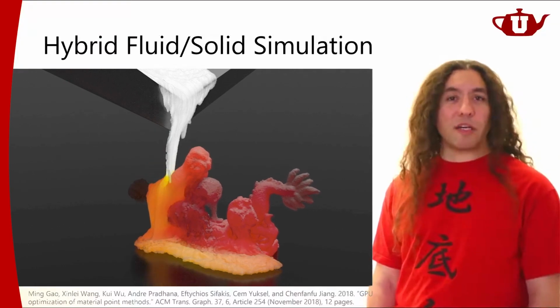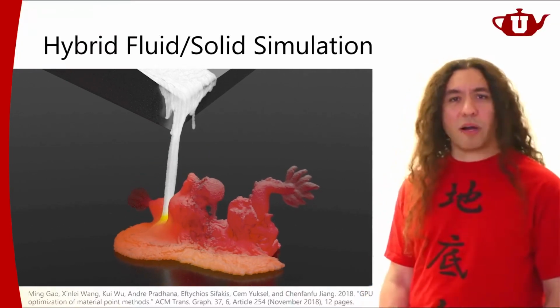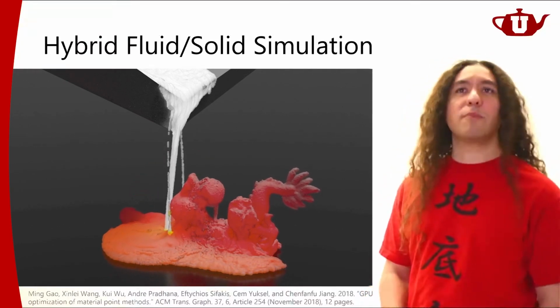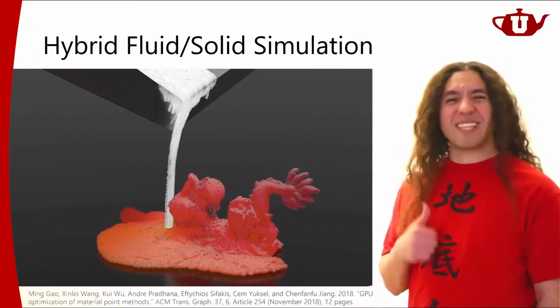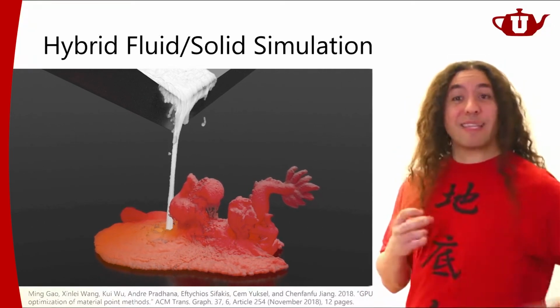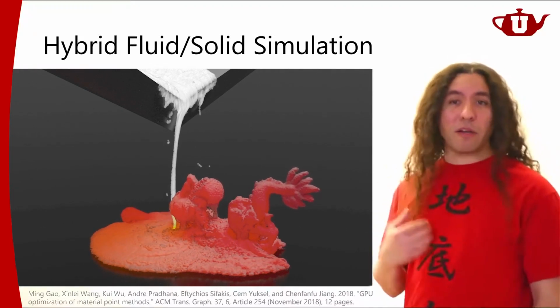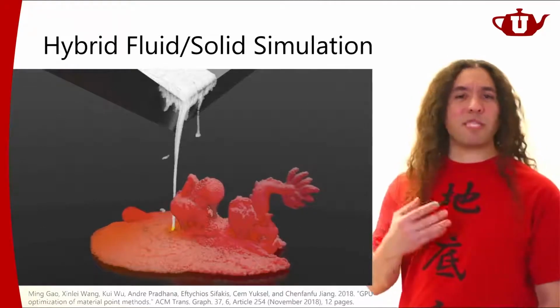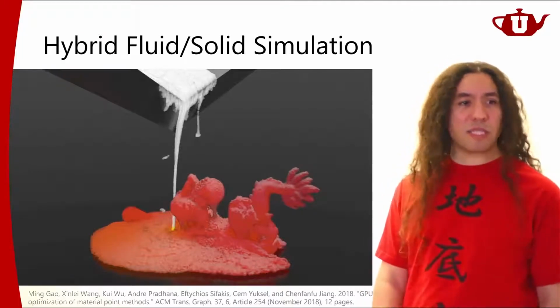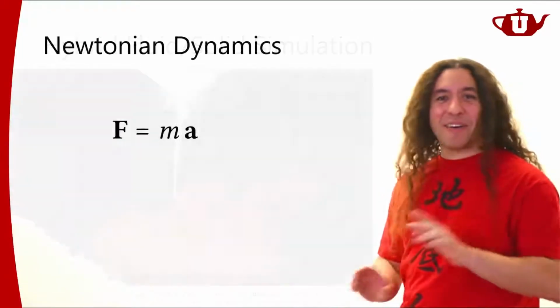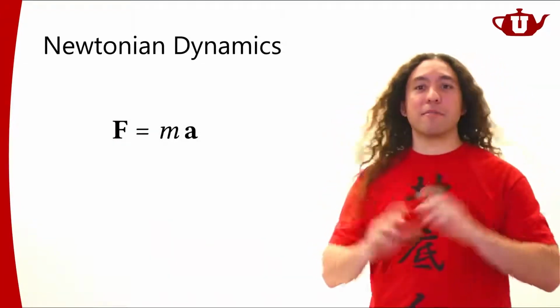Very much the same idea though: there are particles carrying certain types of positions and velocities. In this case, they also carry deformations along with them, or deformation gradients. And a part of the simulation is done in the particle representation, and a part of the simulation is done in the grid representation.